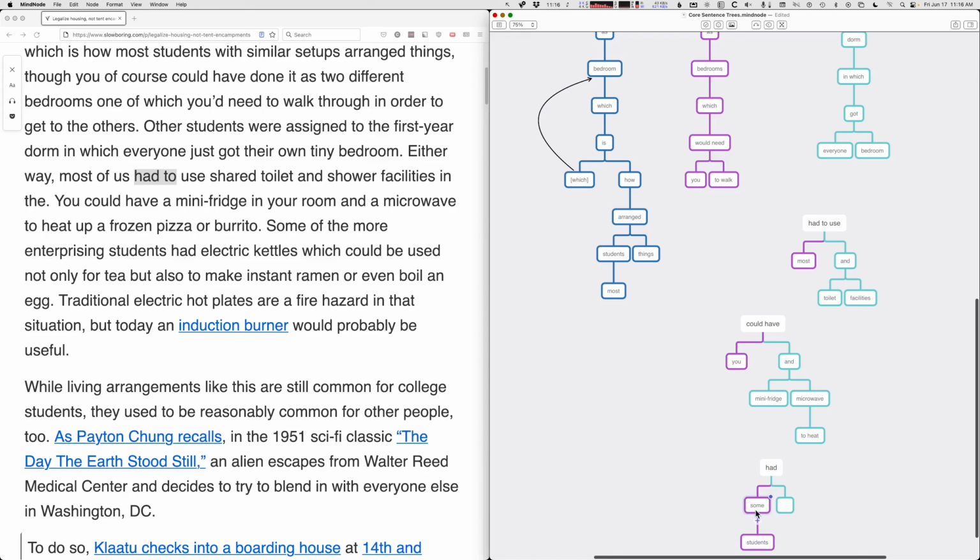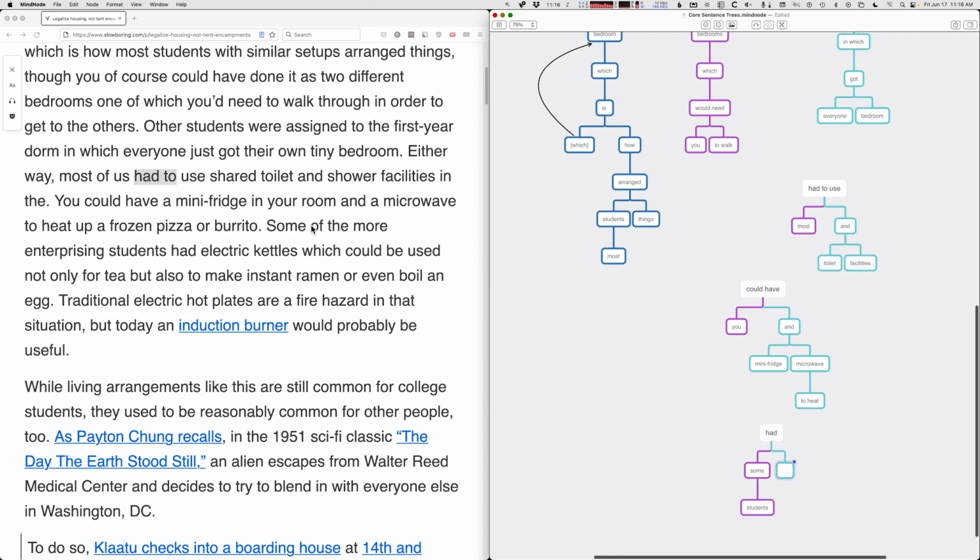I guess I should use the of as well. So it is some of, well, no, it doesn't make sense grammatically to include the of, so I'm just going to do this. It's not really some students because it's some of the, but it's close enough. All right, and then they had kettles, and then the kettles have this which on them.